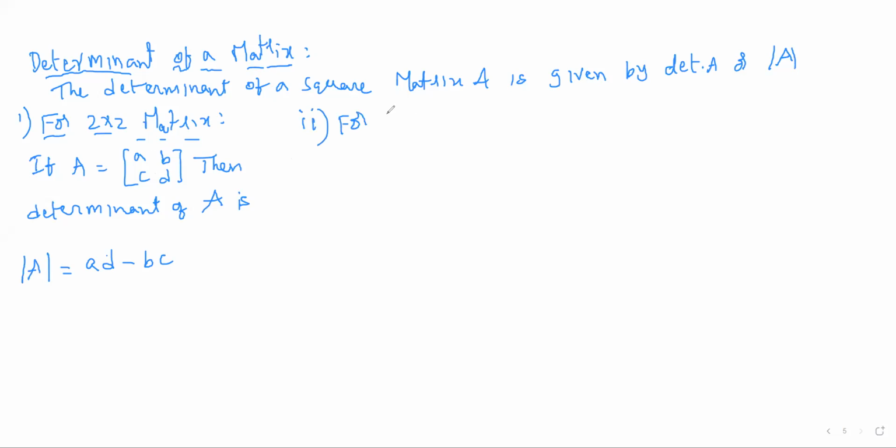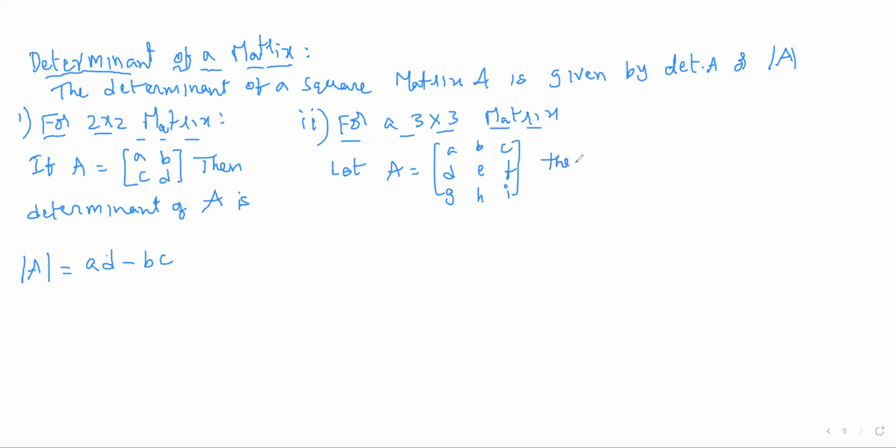For a 3 by 3 matrix, let us consider an example. Let capital A be the matrix with rows a, b, c; d, e, f; g, h, i.